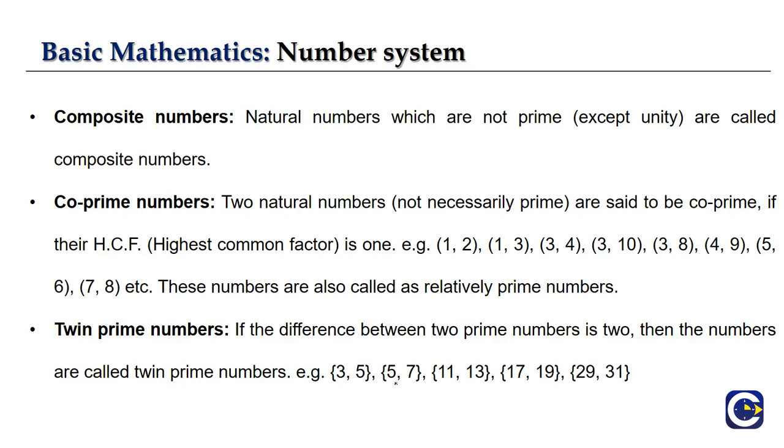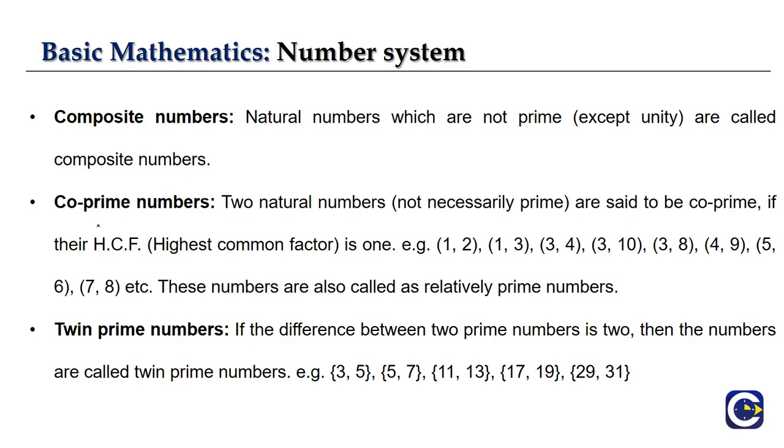So two natural numbers whose HCF is 1 are co-prime numbers. Sometimes those two numbers are prime numbers themselves, but not necessarily. They can be composite too, but the highest common factor of both of them should be 1. Those numbers are called relatively prime numbers, or else we can call them co-prime numbers, right?